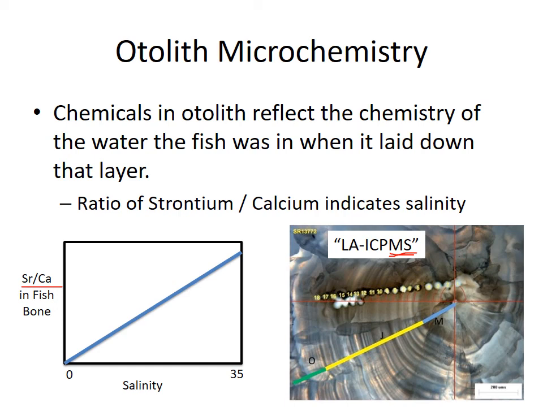In fresh water there's very little strontium, so you have a low strontium to calcium ratio in the bone if the fish was in fresh water when it laid that piece of bone down, whereas if the fish was in salt water, it has a much higher ratio of strontium, and you would see that. So you could see where the fish was at different phases of its life, whether it was in fresh water, salt water, or in the brackish waters of an estuary.